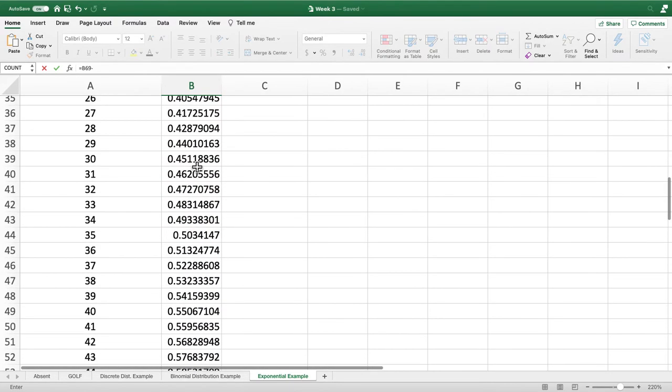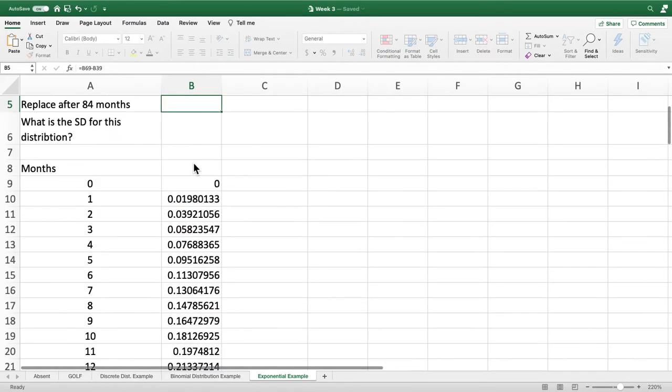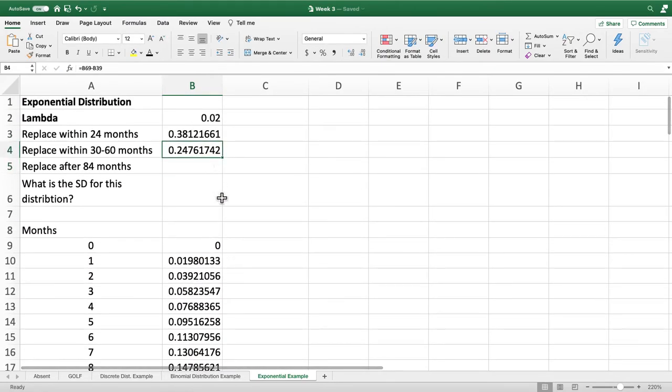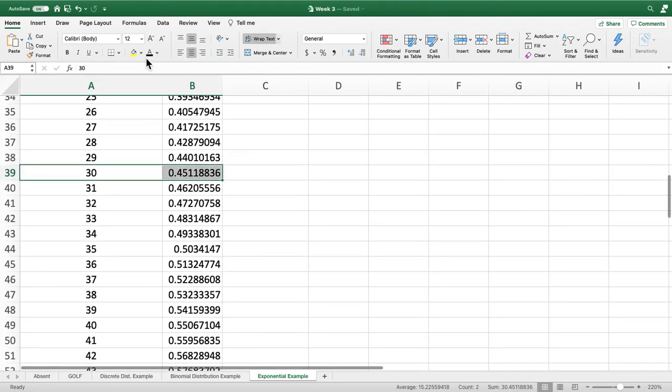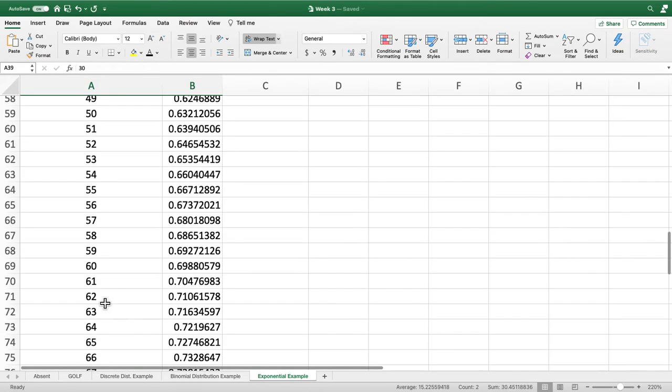So we take the accumulation of month 60 and subtract the accumulation of month 30, and that gives us the difference. So 0.2476. I'm going to highlight these just so we have them, 30 and 60.